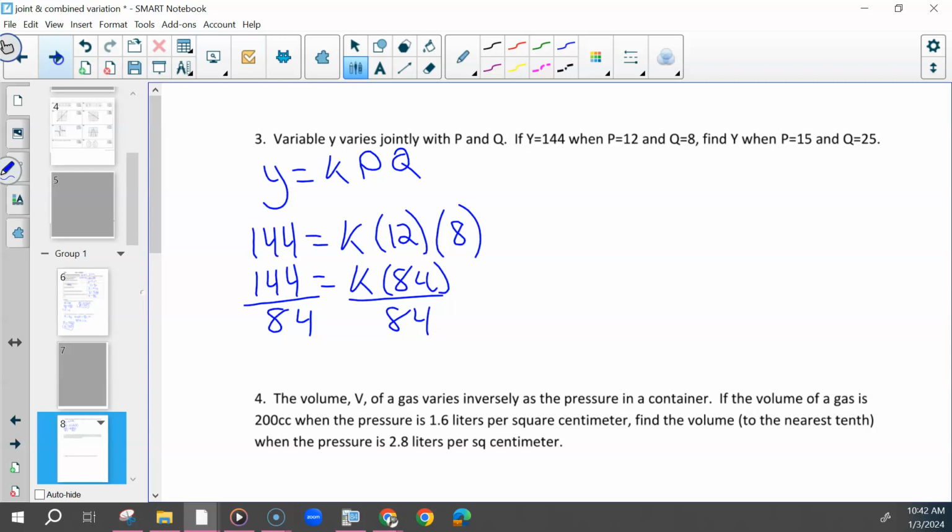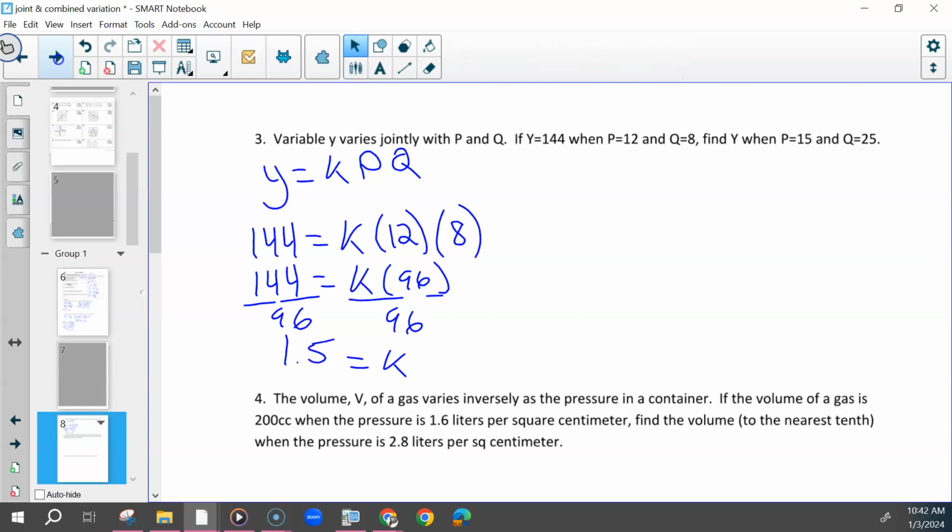So then k would equal... I said 84 and you guys said 96, okay, that's not what I was getting. What is k? And then we'll stop there. 1.5. And then when we get back, we'll do the other part.